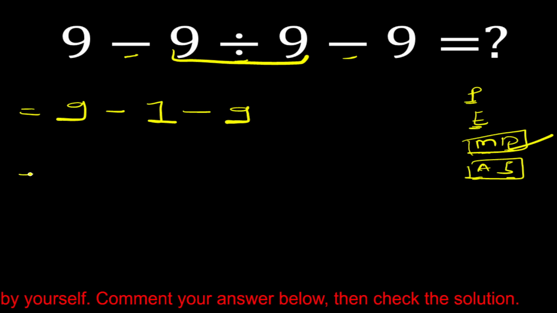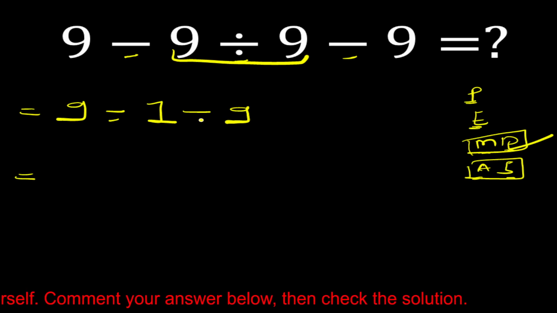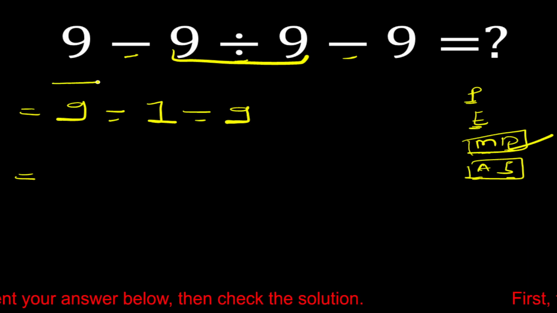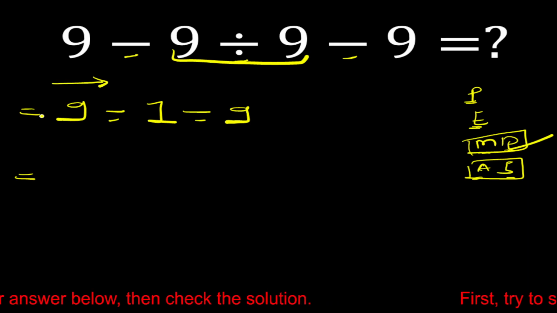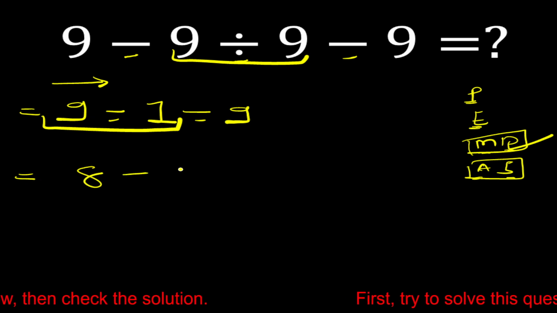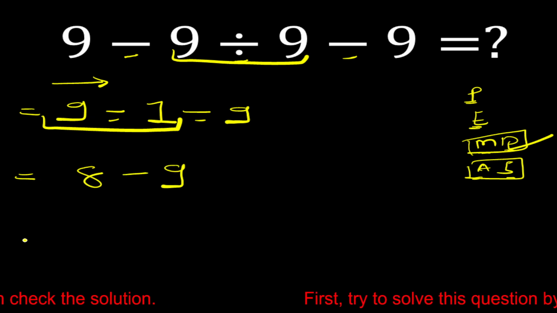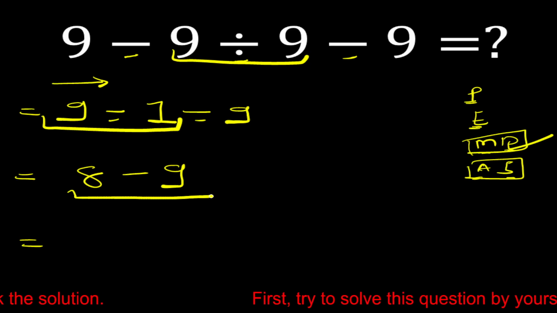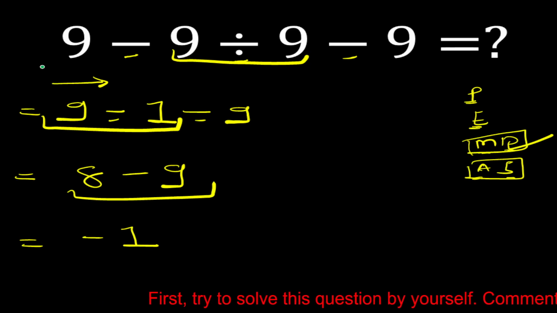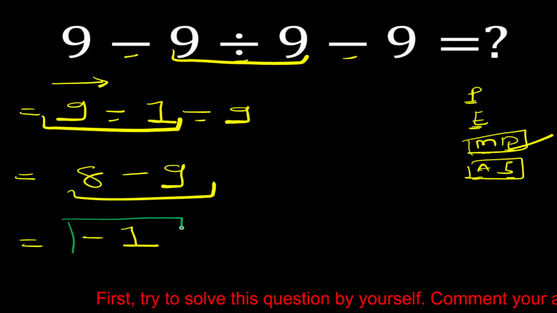Here is one subtraction and here is one subtraction. Both have equal priority, so we have to solve from left to right. So 9 minus 1 is equal to 8, minus 9. Now 8 minus 9 is equal to minus 1. Therefore the correct answer is minus 1.